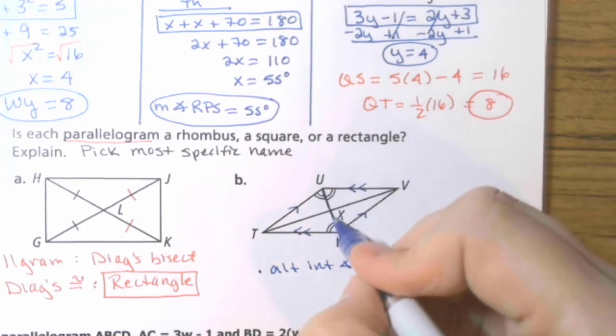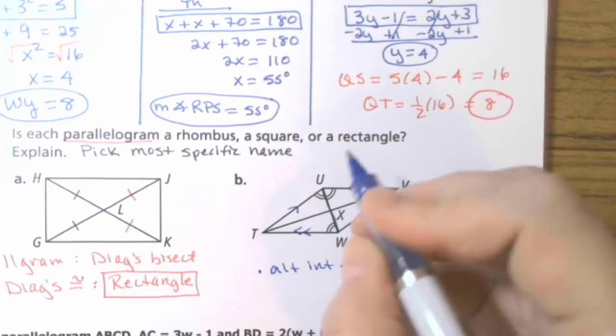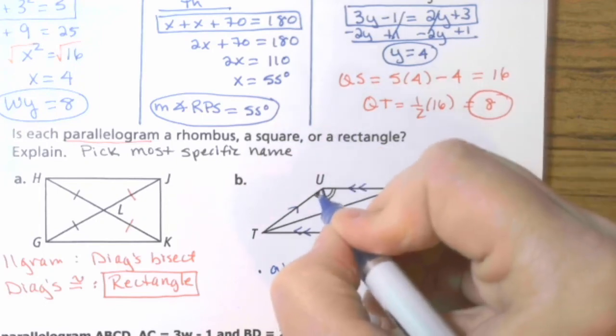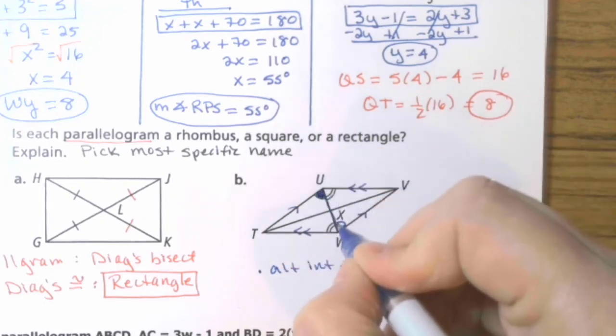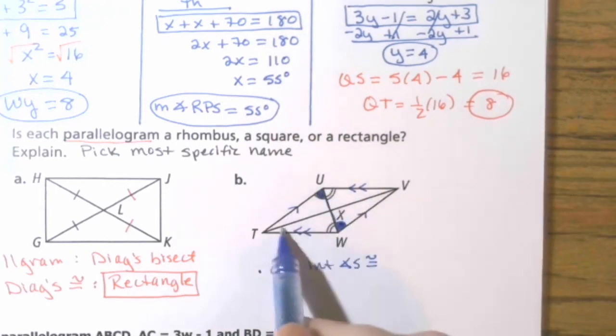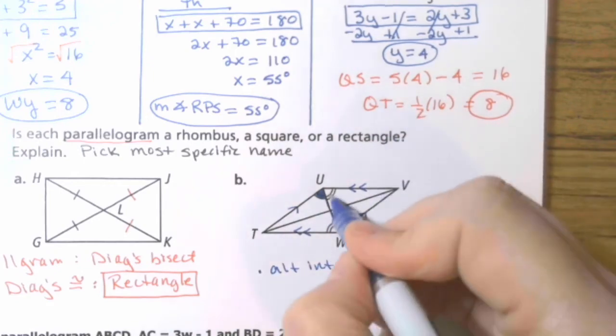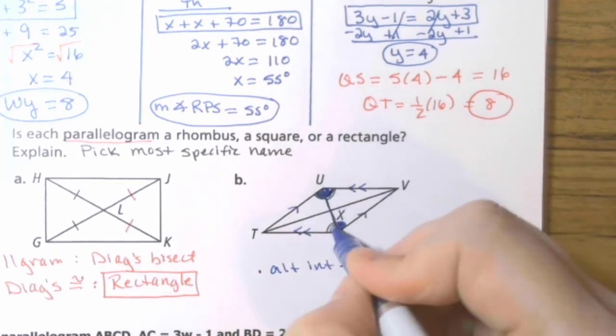So if we're working with this transversal, then the left angle there has to be the right angle here. So this angle and that angle must be the same. Using the top and bottom parallels with the same transversal, we can see that the other sides are the same as well.